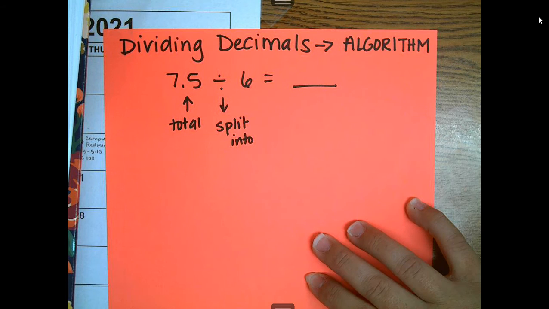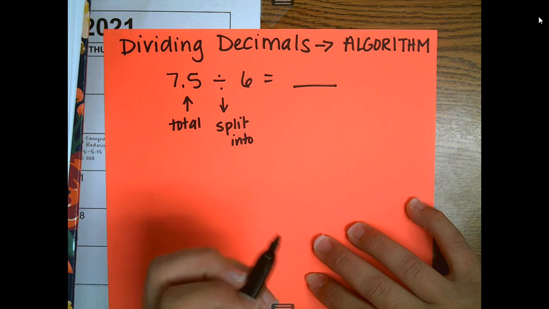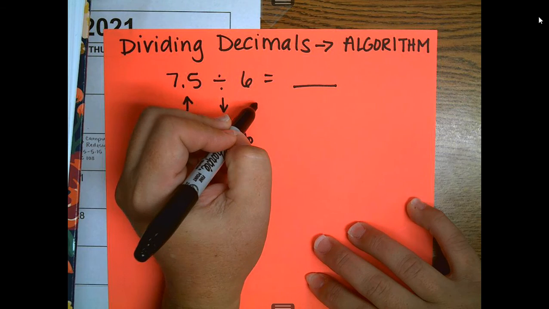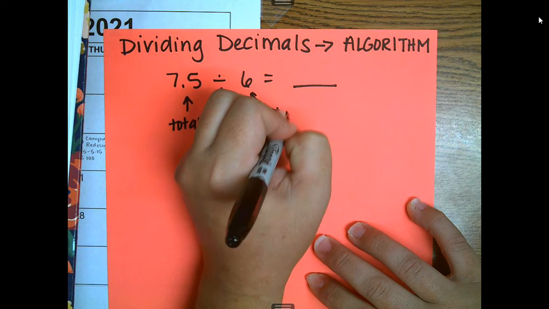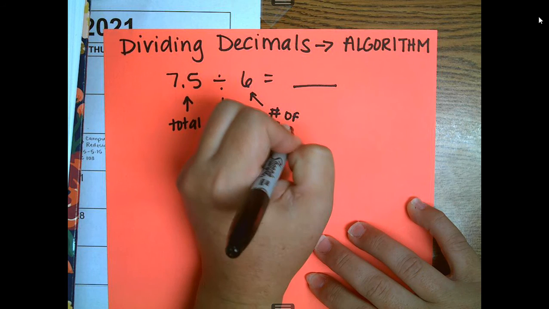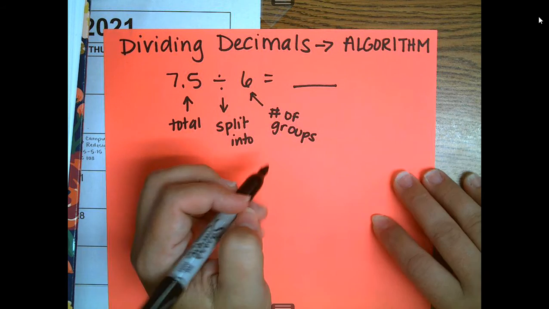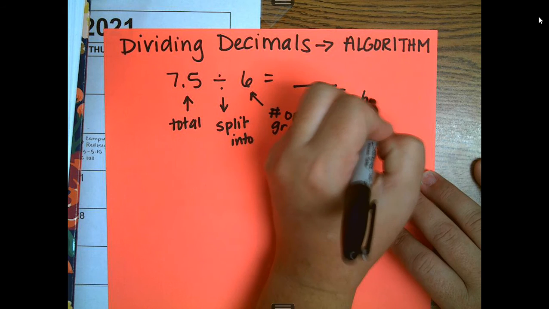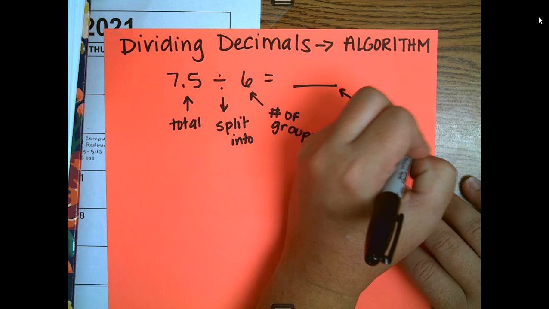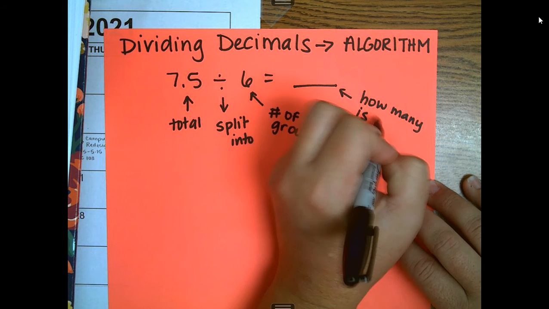The 6 represents how many number of groups that we're going to split the 7 and 5/10 into. So the 6 is the number of groups. And then our answer, this will be how many is in each group.